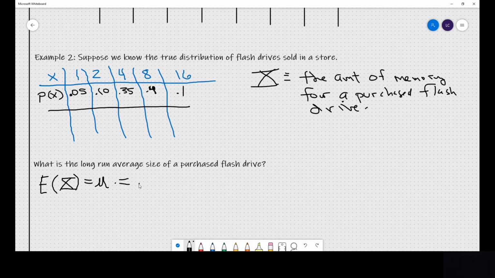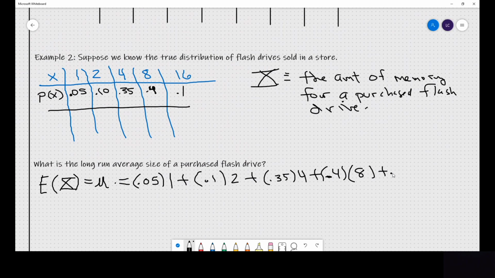So it's 5% of the time we're going to purchase 1, and 10% of the time we're going to purchase 2, and 35% of the time 4, and 40% of the time, so 0.4, we're going to purchase 8.